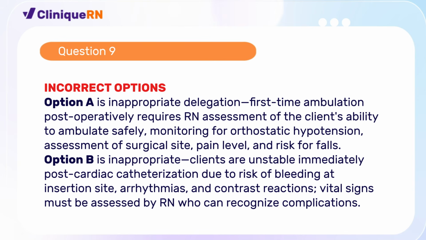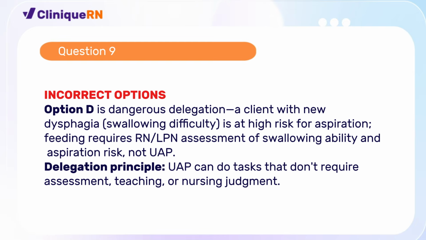Vital signs must be assessed by an RN who can recognize complications. Option D is dangerous delegation. A client with new dysphagia, swallowing difficulty, is at high risk for aspiration. Feeding requires RN/LPN assessment of swallowing ability and aspiration risk, not UAP.